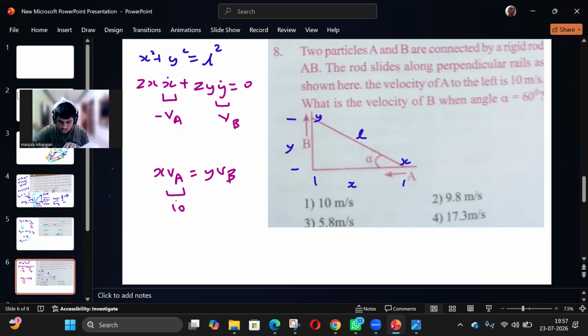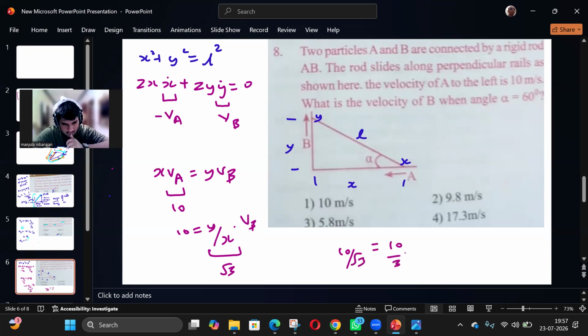Alpha is 60, so y by x is tan alpha, and tan 60 is root 3. So it's 10 root 3, which is 17.32.